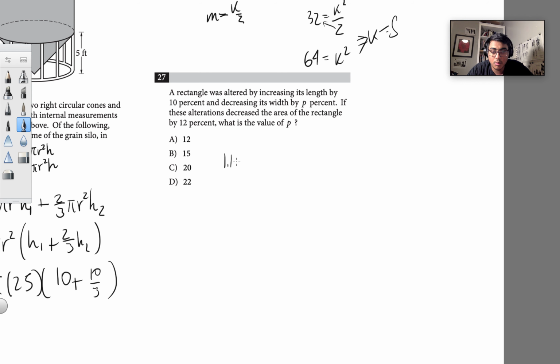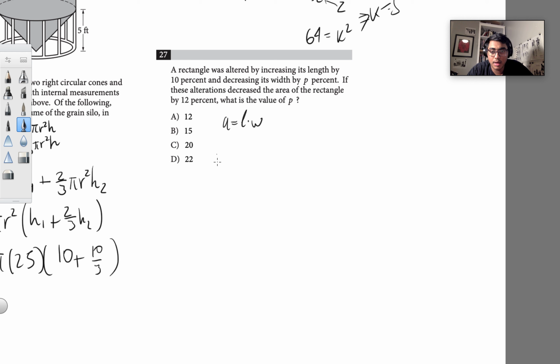So it'd be 1.1 times, since we know area is equal to length times width, 1.1 times L times P times W is equal to, so decrease the area of the rectangle by 12%. So we know that it's 0.88 of the area.